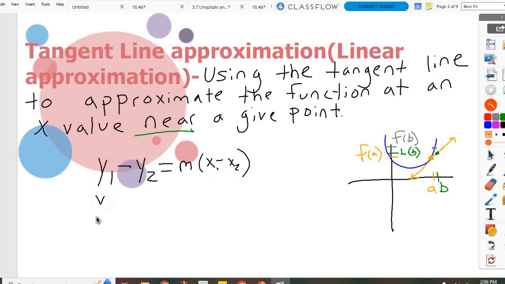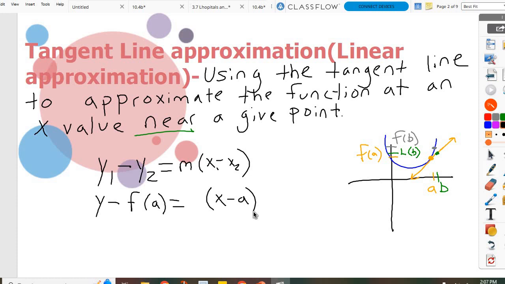So we're going to let y1 just be y. Same thing with x1, we're just going to let that be x. Now, the point that I'm wanting to use is my original orange point, a comma f of a. So I have y minus f of a equals x minus a, because that's the x value that we're wanting to use there.